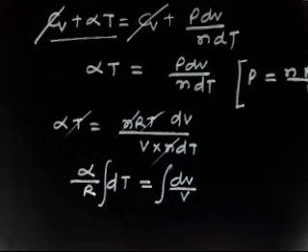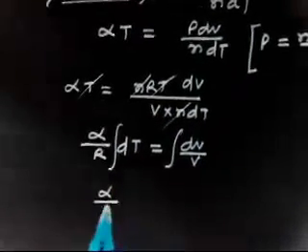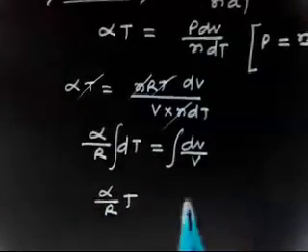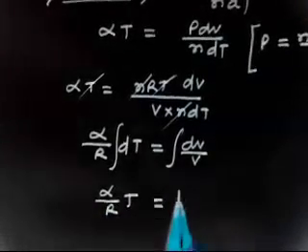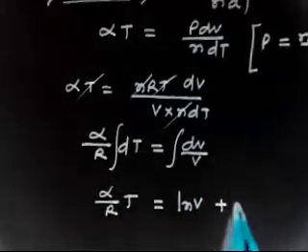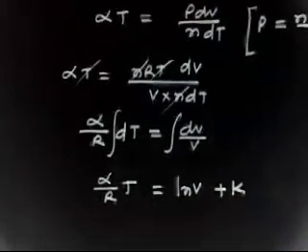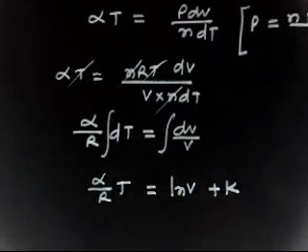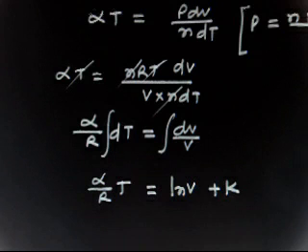Let us do an indefinite integration. So I will have alpha by R T equals ln V plus some constant K. Are you getting or not? So this is the equation of process.